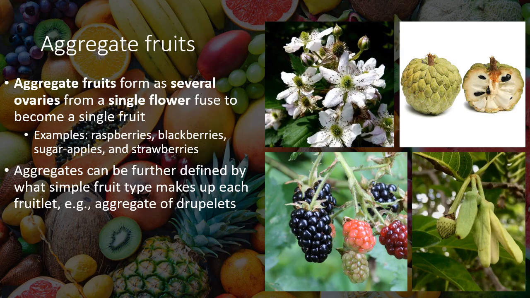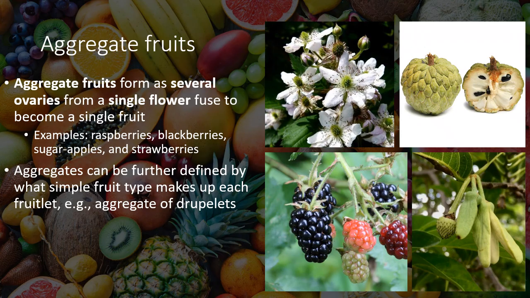After pollination, each individual pistil will develop into its own fruit. It'll produce its own ovary. And what happens is all of the individual ovaries of each individual pistil from the blackberry flower then develop into their own little fruitlet. So when we look at the blackberry, each kind of lobe or bump of the blackberry developed from one single pistil.